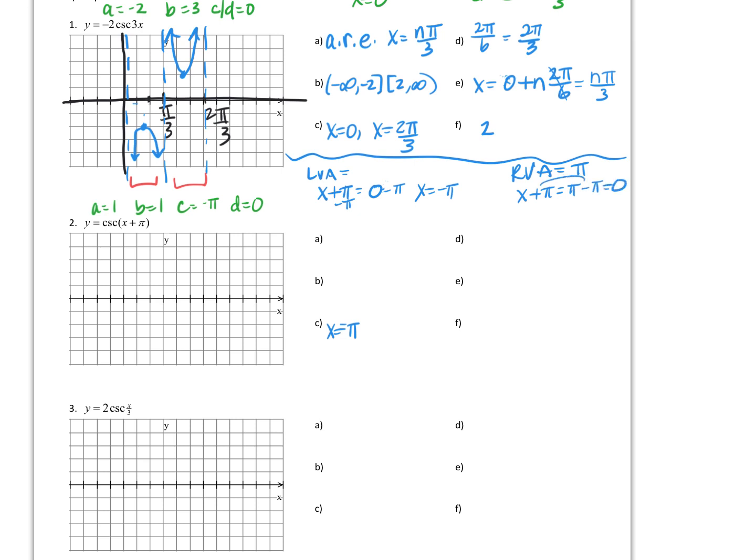All right, so I know I'm going to have an asymptote at -pi, so I need to have a little bit of space here on the left. So if I do -pi and 3 tick marks, 3, there's pi. 2 pi. That sounds about right.